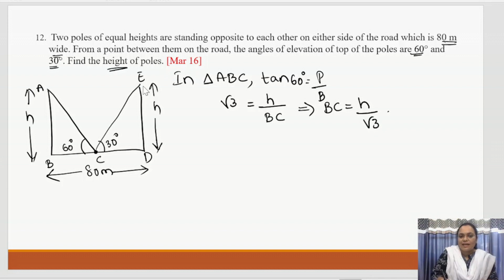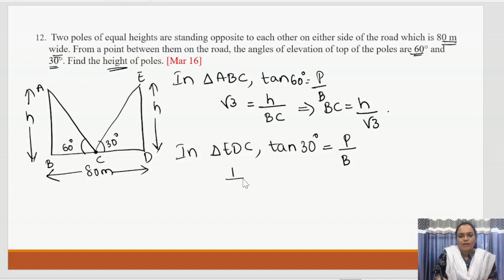Now let us take the triangle EDC. In triangle EDC, according to this angle, this will be the perpendicular and this will be the base. So you can apply tan 30 degrees equals perpendicular by base.